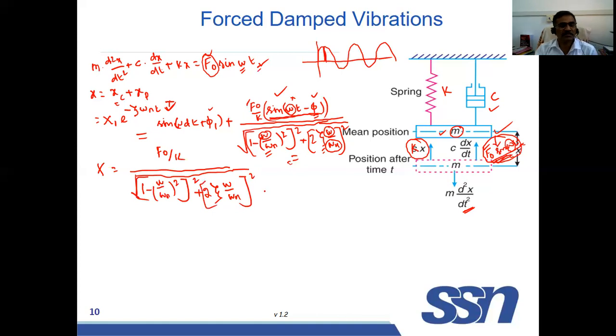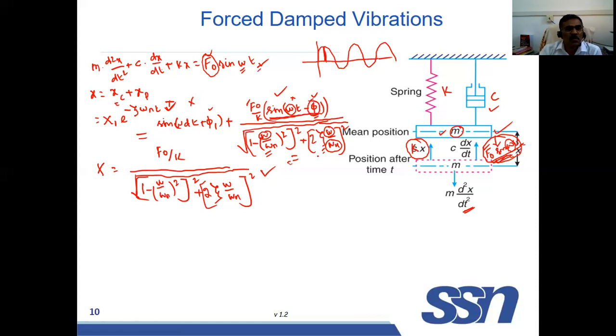So this equation will give the amplitude of vibration in case of forced vibration. Here there are two terms. However, the transient term dies out over a period of time, so we are not taking this one. Another term is the phase angle, phi.